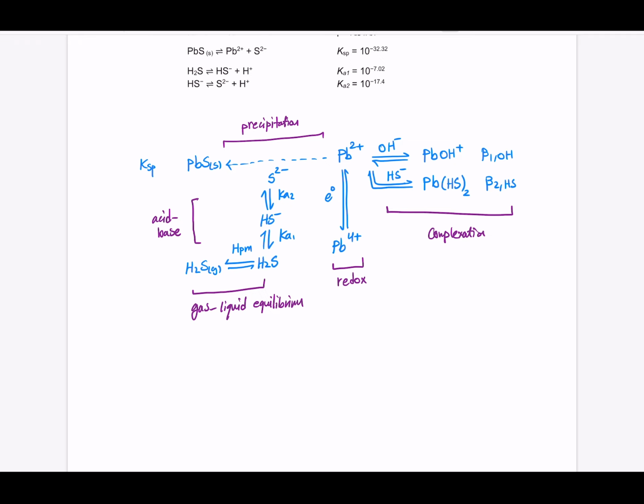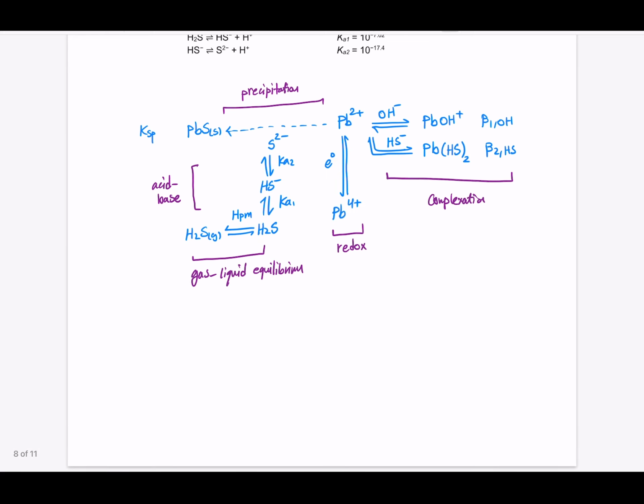And this is a very good example. Eventually, the heart is in the water phase. We have a gas phase, we have a solid phase, but all in contact with the liquid phase. And that's how we dictate the speciation in the liquid phase. That's another reason I was insisting this kind of diagram would be very useful. It organizes your mind in terms of where the species might go.